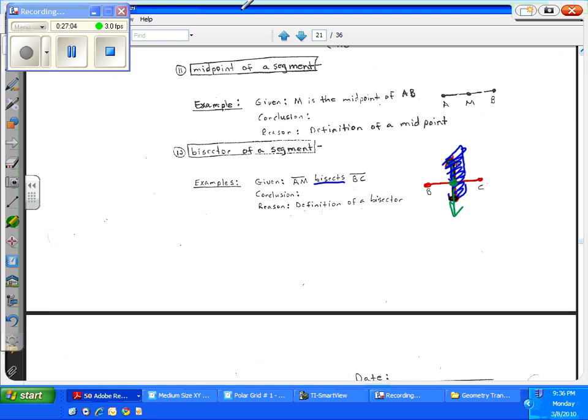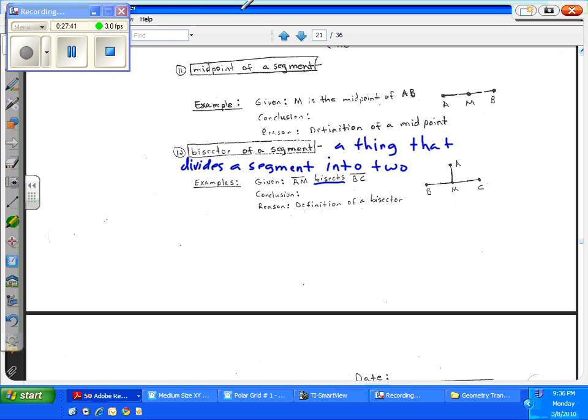Now, so the definition we're going to give it is a thing, that thing being a line, segment, ray, or plane, that intersects a segment at its midpoint, but more importantly, when it hits the midpoint, what happened? Well, it divided it into two equal segments. So a thing that divides a segment into two equal segments.